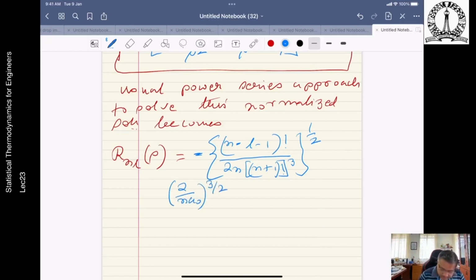Then you have rho to the L, exponential of minus rho by 2, times the Laguerre polynomial L with indices 2L plus 1 and n plus L.